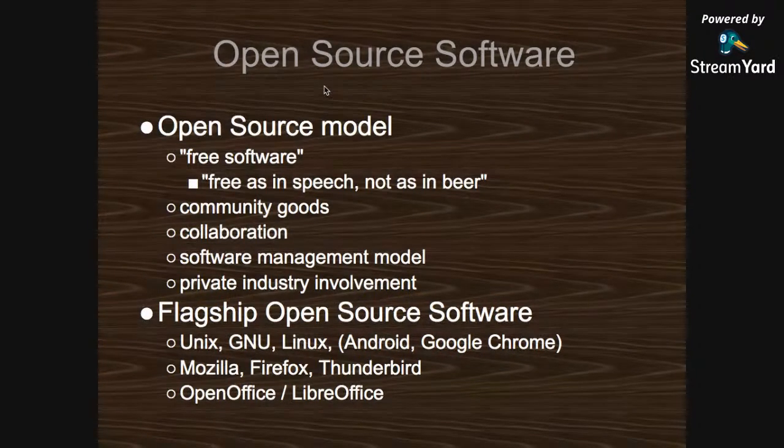The two may both be true, but it's the first that is most important in the concept of free software. So free software is this collaborative software management model, and one thing that's worth stressing, because people aren't always immediately aware of this, is that there is a lot of private industry involvement in the development of open software, of free software. So, if you've used Unix, GNU, Linux, Android, Google Chrome, operating systems and platforms like this, there's a lot of open source software going on behind the scenes there.